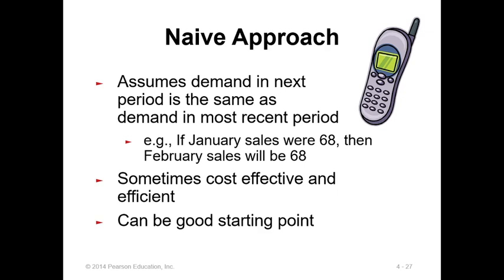As we can see here, our sales was 68, for example, in the month of January. If you want to forecast your sales for February, then it will be also 68. That's why they call it a naive approach. But of course, you have to know that this approach is cost effective and it will not take time. It's easy to do.